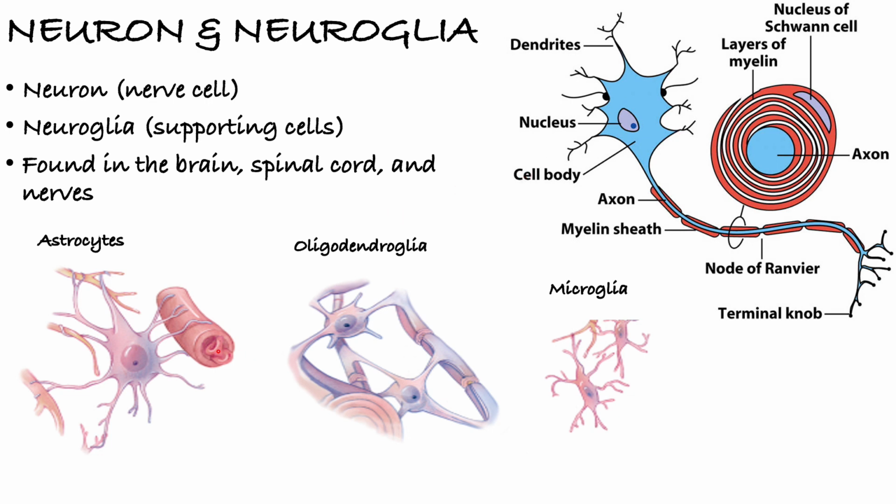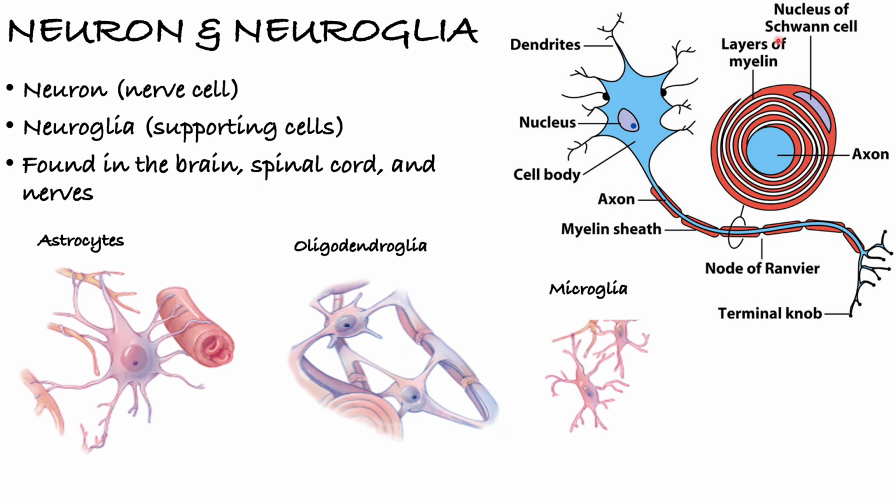So let's just talk a little bit about the supporting cells, the neuroglia. I have 3 here. The astrocytes, they're really there to support the cells. I'm going to be talking more about them when I get to the nervous system. We have the oligodendroglia, which are actually synonymous to the Schwann cells.